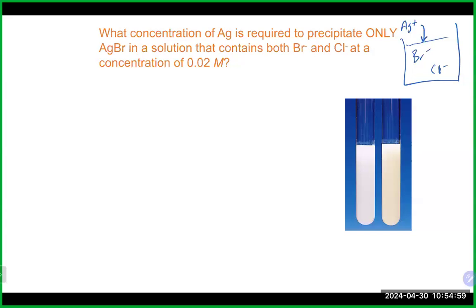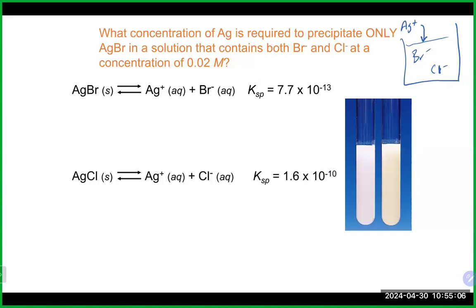So this is where Ksp can be very helpful to allow you to figure out how to correctly precipitate these out. Our two options are silver bromide, which has a Ksp value of 7.7 times 10 to the minus 13, and silver chloride, which has a Ksp value of 1.6 times 10 to the minus 10. In this case, the concentration of these ions is 0.02 molar.